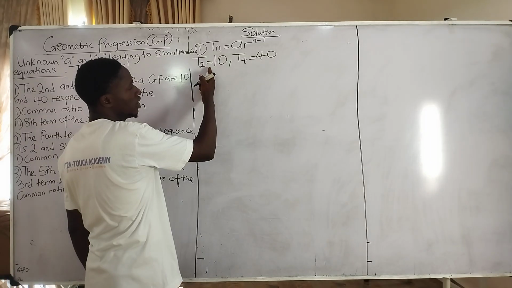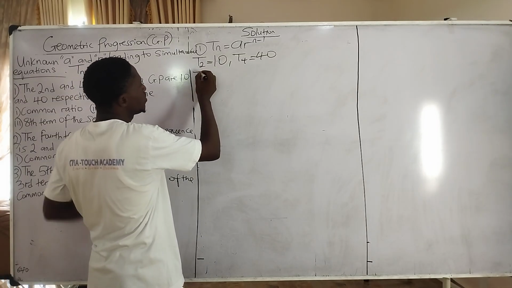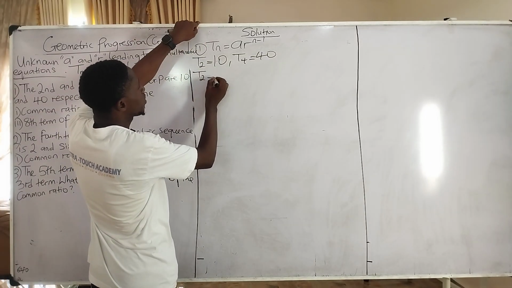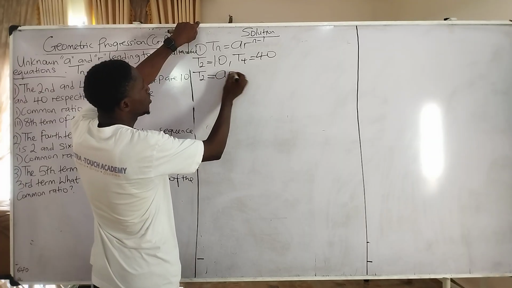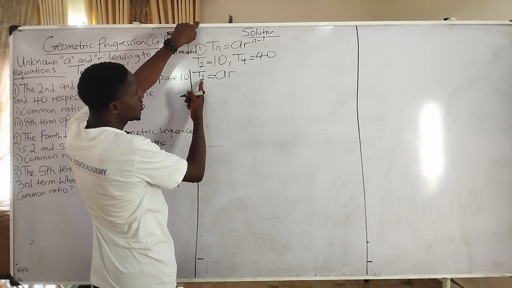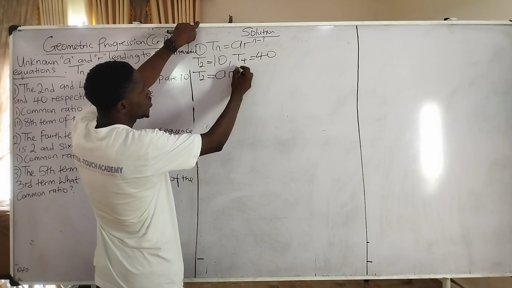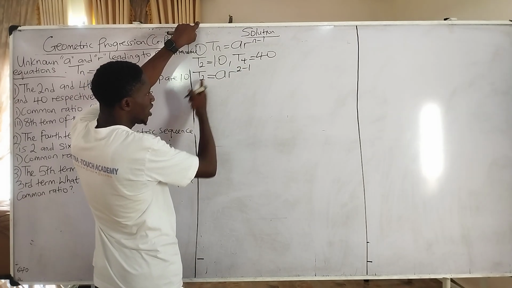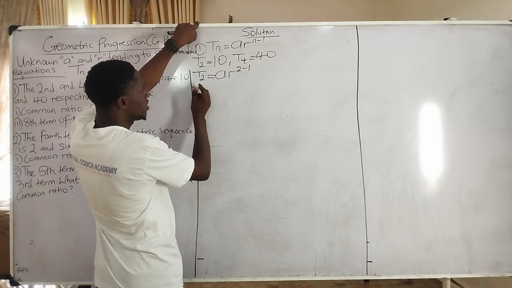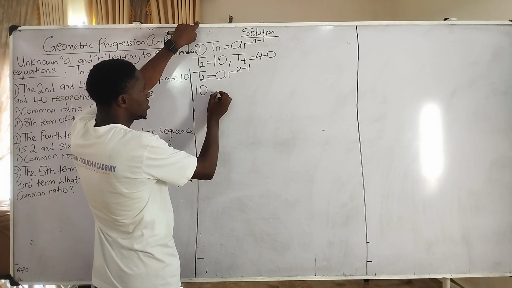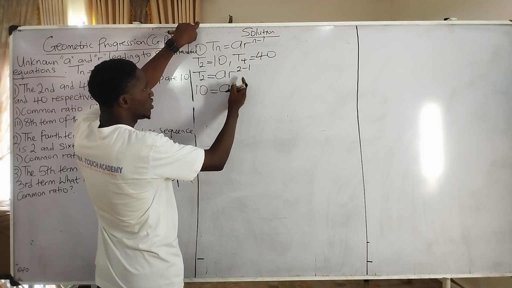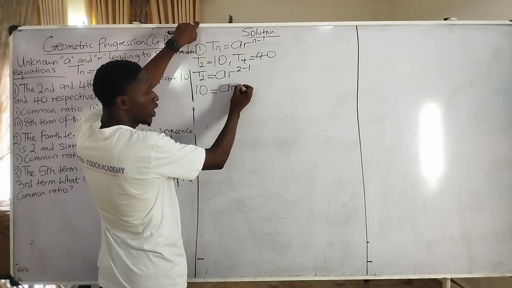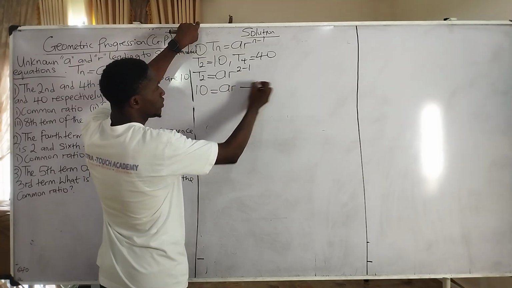Using this formula, let's focus on this. So we have T2 is equal to A R raised to the power of, we say that our n here is 2. That is 2 minus 1. And we are given the second term as 10. So we'll come to this place and put 10 there, is equal to A R raised to the power of 2 minus 1 is 1. So this is equation 1.